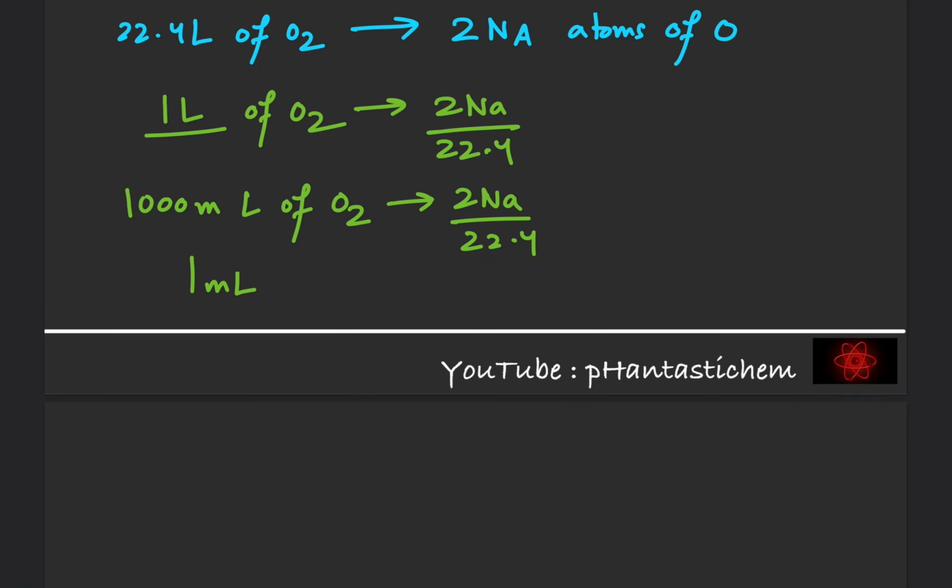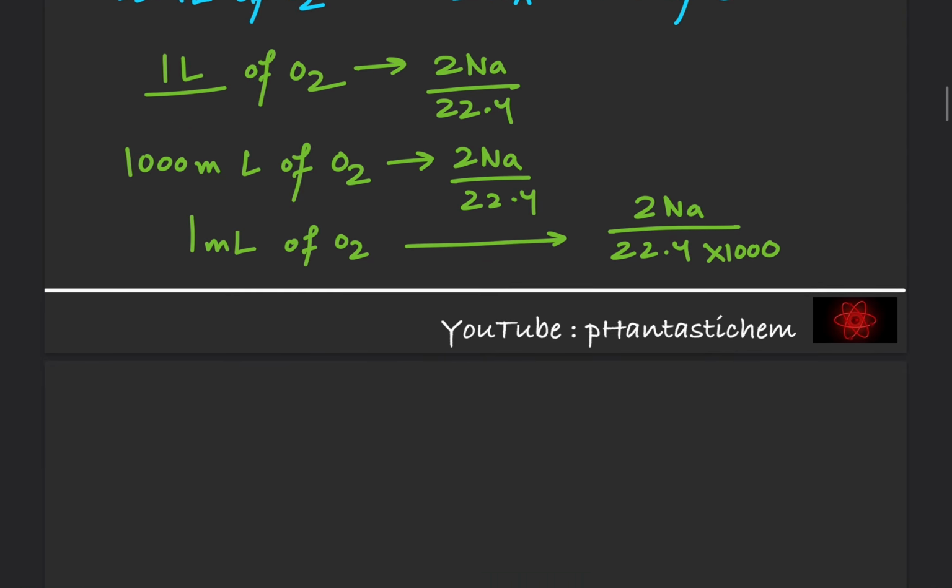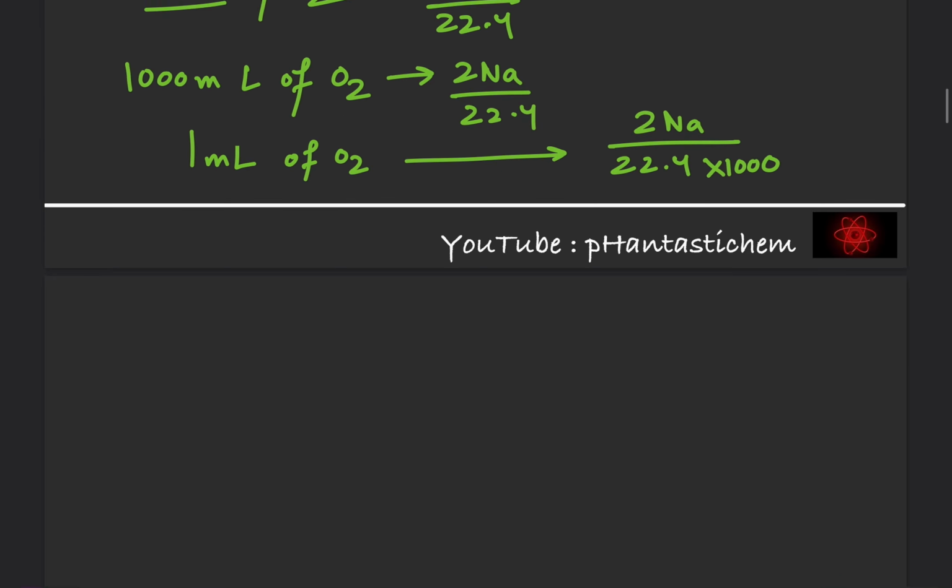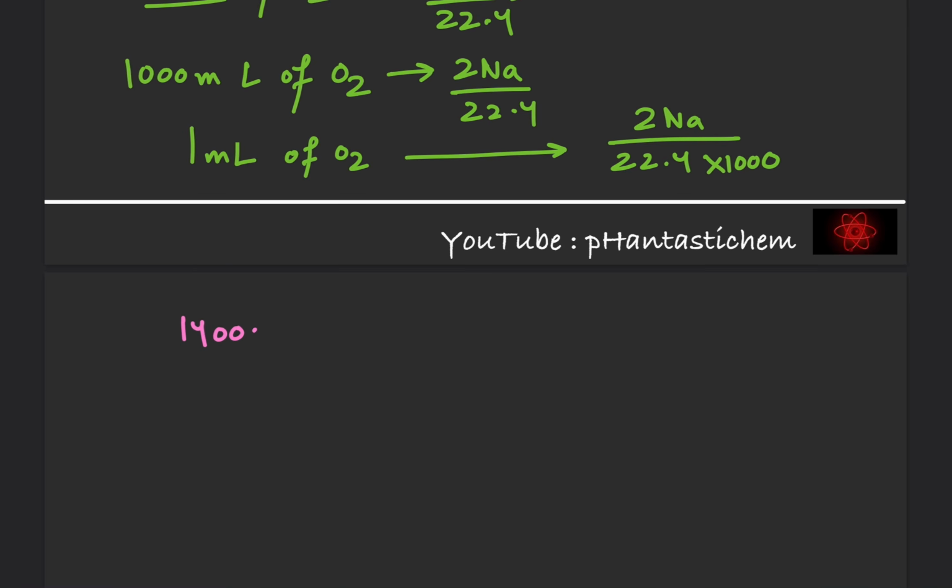So 1000 ml of O2 will have 2 Na by 22.4 atoms, and 1 ml of O2 will have 2 Na by 22.4 into 1000. In the question they are asking for 1400 ml, so 1400 ml of O2 will have 2 Na into 1400 by 22.4 into 1000.